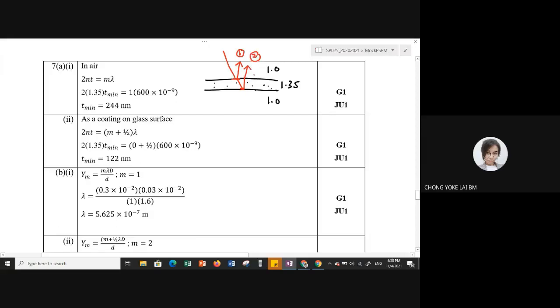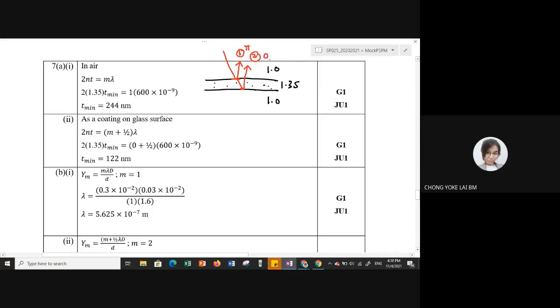Okay, so visualize dah. Then kita tanya diri, ada tak phase change? So ray 1 reflect bila kita travel dari less dense kepada denser, 1 to 1.35. Less dense to denser. So kita ada pi phase change. Ray 2 kita reflect dekat sini, bila kita travel dari 1.35 to 1, denser to less dense.